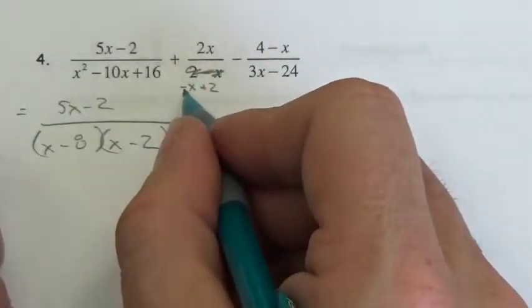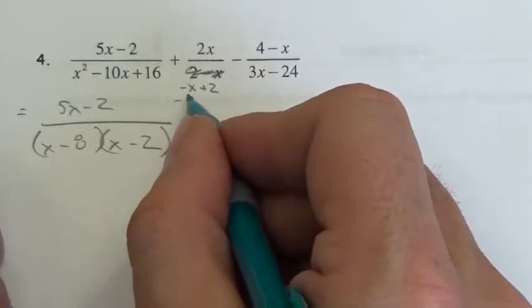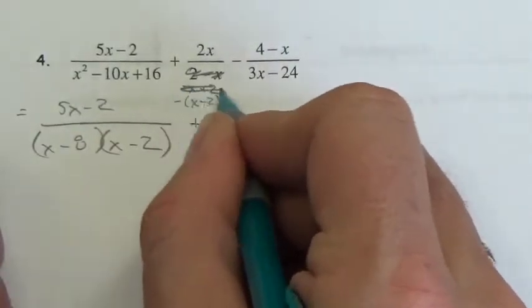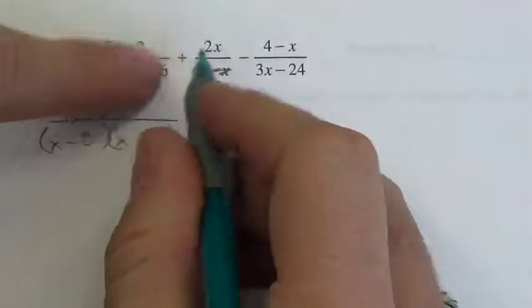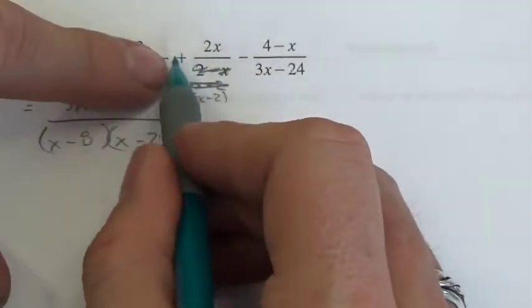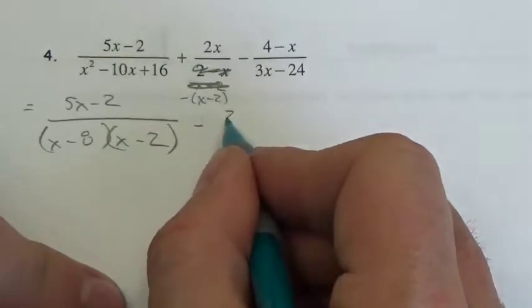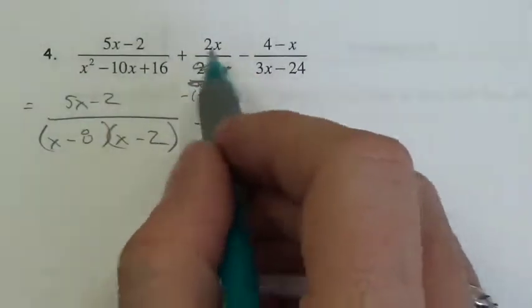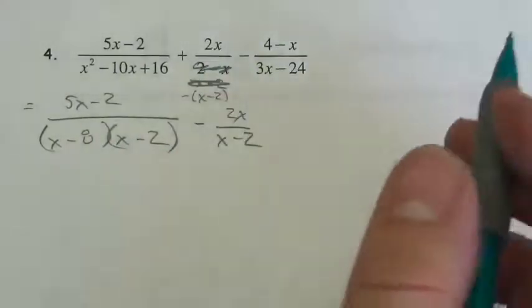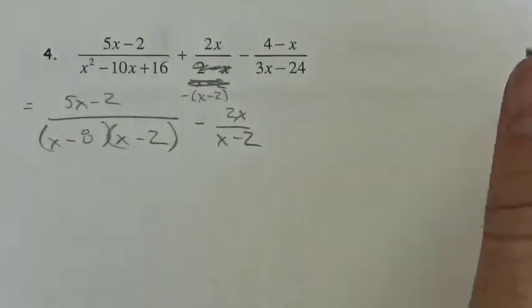And then I really don't like the fact that there's a negative out front, so I'm going to factor that negative out. So that middle term there, that negative can pop out, change that addition to a subtraction, and I'm going to get 2x over x minus 2. I love that much more than I like that question. That just wasn't pretty to me, so I'm going to make it so it is pretty.